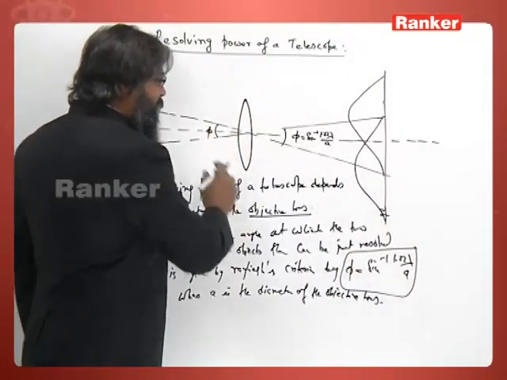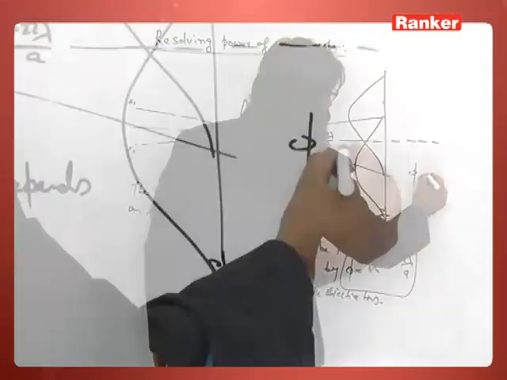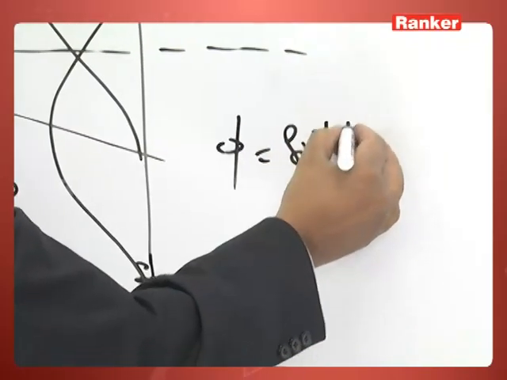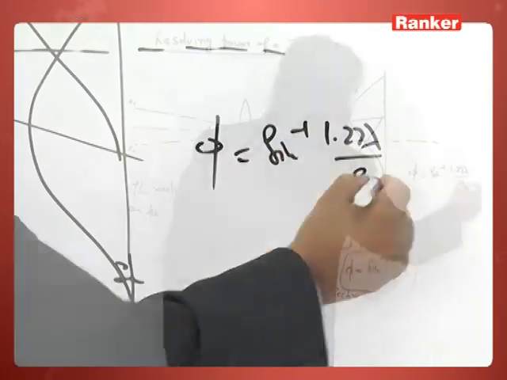So this phi depends on sine inverse 1.22 lambda by A.